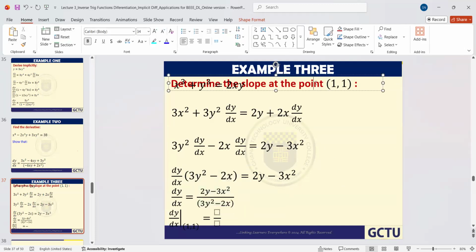Now, remember the question said to find the differential of this at the point (1, 1). So we are going to substitute the value 1 for y, the value 1 for x. Then we evaluate this.